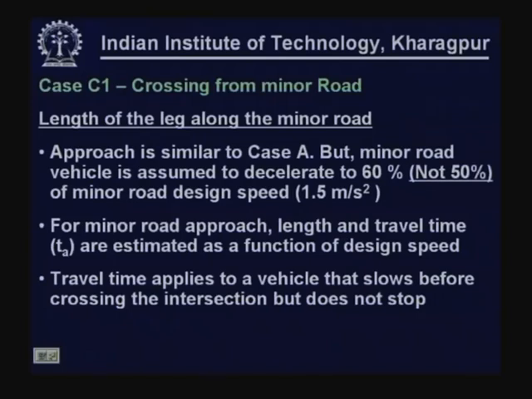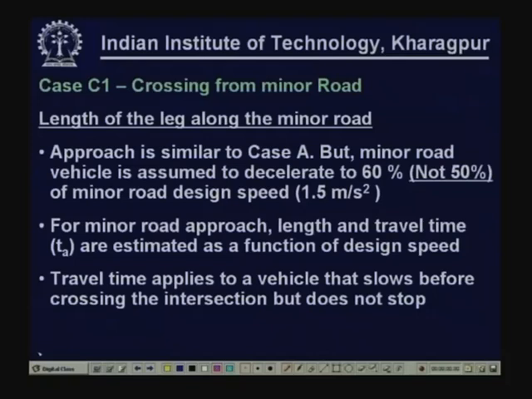This approach is similar to case A. What was case A? Case A was discussed in the last session; that was intersection with no control. You can refresh your memory about the considerations used there in calculating intersection side distance. Here also, for minor road approach, the same basis is used, but with slightly different assumptions.